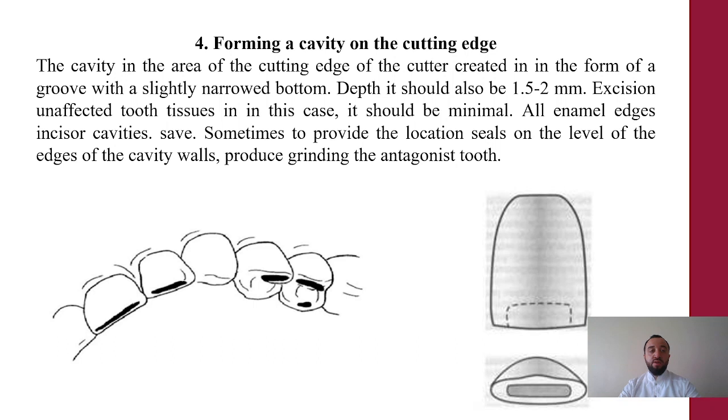Excision of unaffected tooth tissues should be minimal. All enamel edges of incisor cavities are preserved. Sometimes, to ensure the location of the filling at the level of the edges of the cavity walls, grinding of the antagonist tooth is performed.